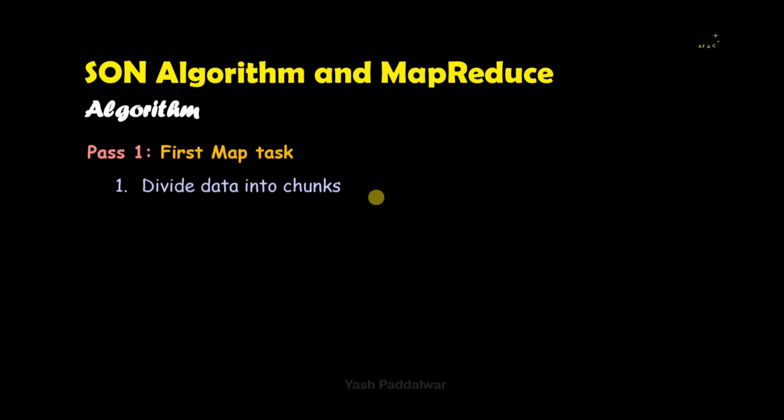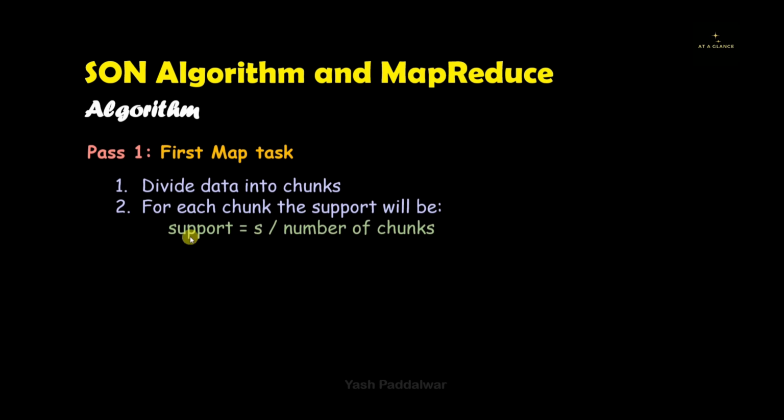Now, for considering any item set to be frequent, it must satisfy the minimum support criteria. Let's say the support for an item set to be frequent in the entire dataset is S. Then if we divide the entire dataset into chunks, the support will be reduced. For each chunk, the support will be defined again, based on a formula.